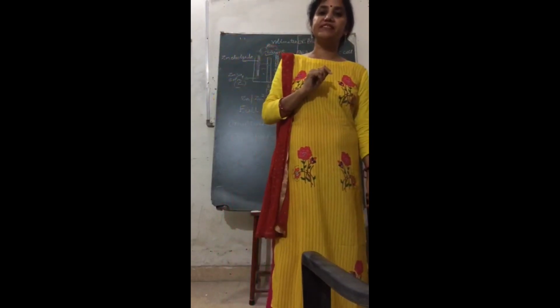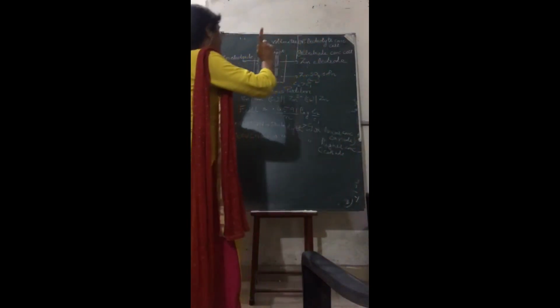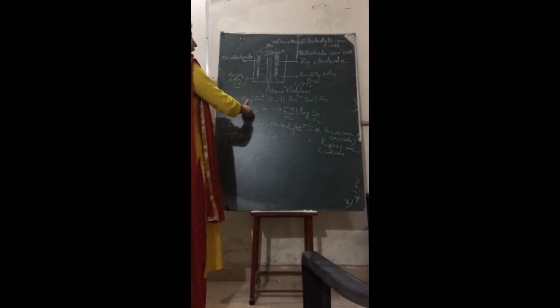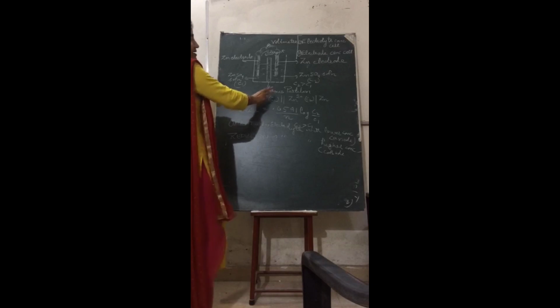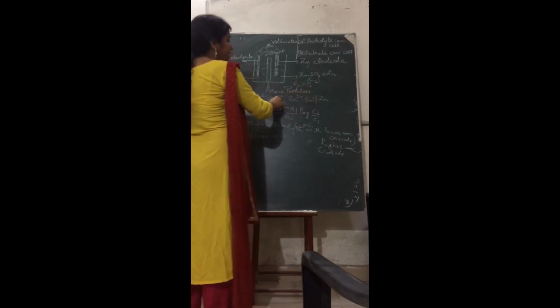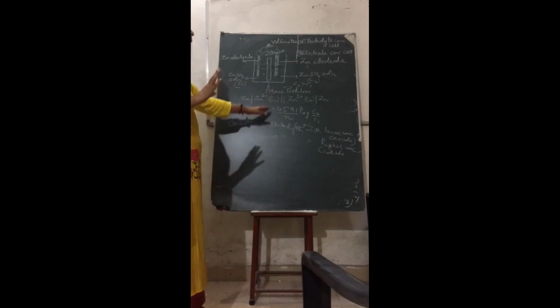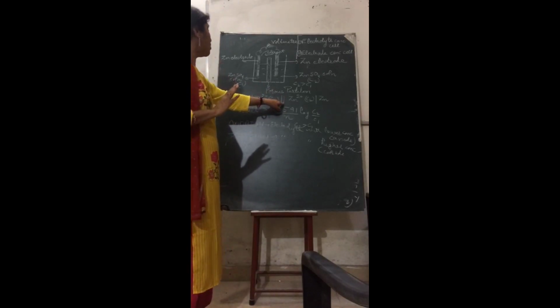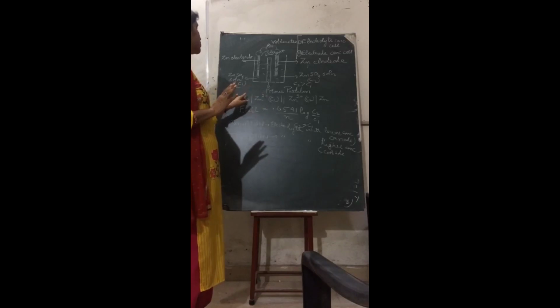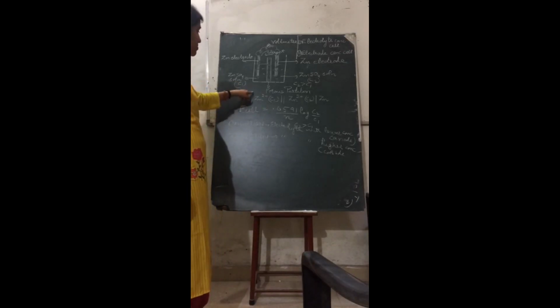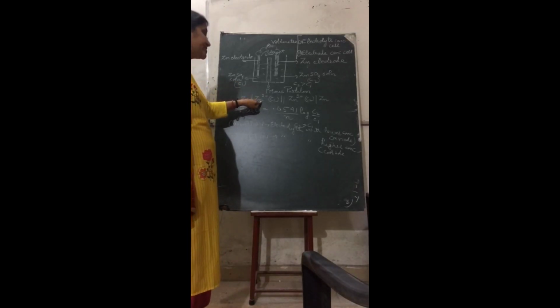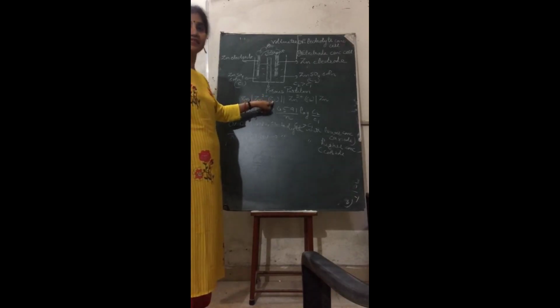Now, how can we represent the electrolyte concentration cell? First we take the anode, and it is separated from the cathode by the salt bridge. These two parallel lines are the salt bridge, which you must know. Now, in the anode, first we write the electrode, which is separated by the electrolyte whose concentration is C1.